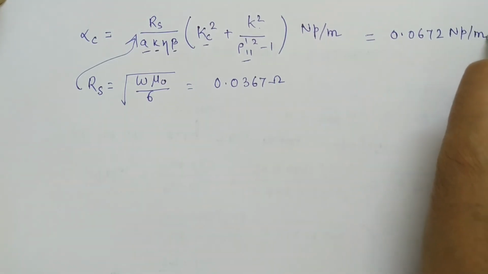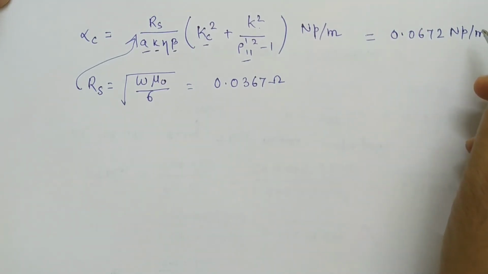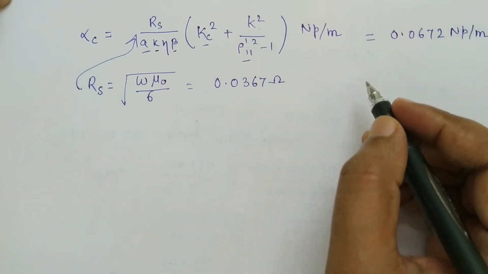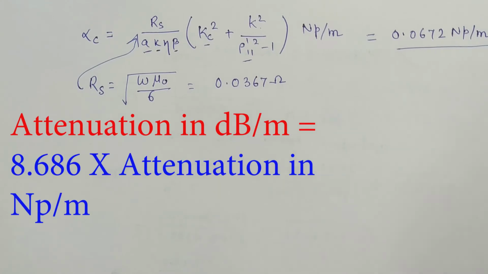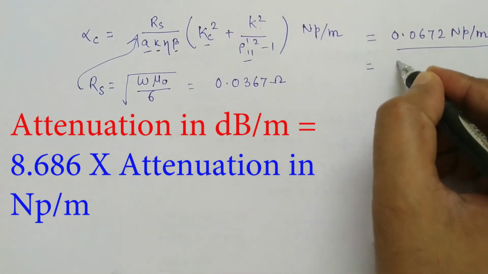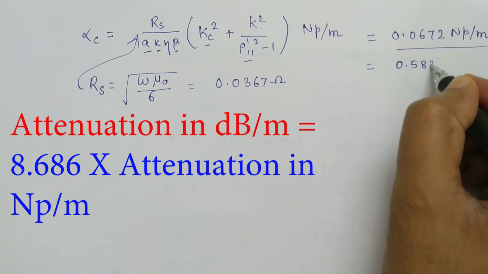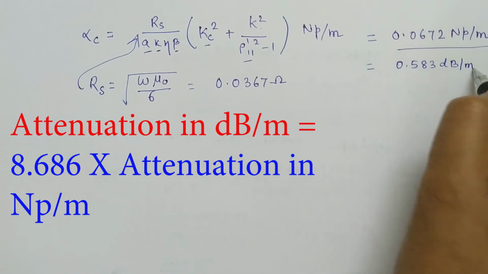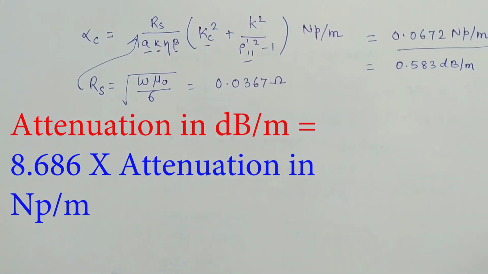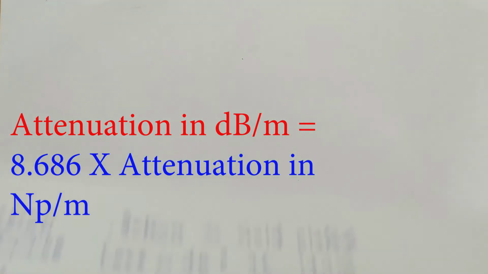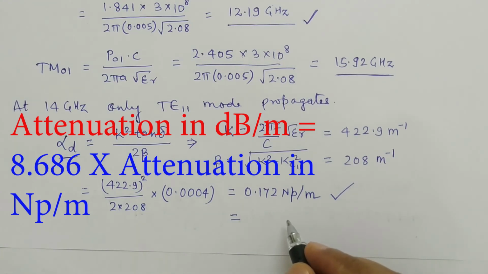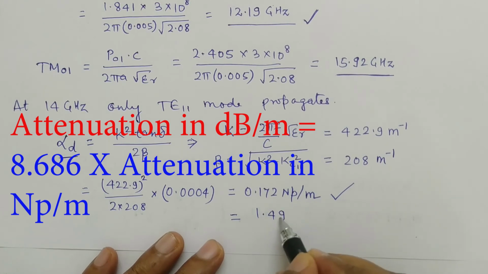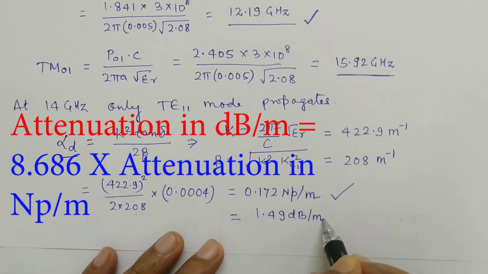The attenuation can be converted into dB per meter, and in dB it is equal to 0.583 dB per meter. Similarly, the attenuation due to the dielectric is 0.172 Nepers per meter, so in dB per meter it will be equal to 1.49 dB per meter.